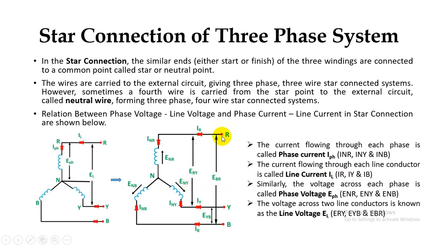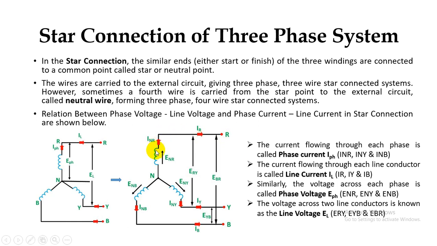When we are considering only two phases for the analysis, phase R and phase Y, we are assuming that we are connecting one voltage source across these two phases, and this voltage source will force the current into the circuit through the R line like this.